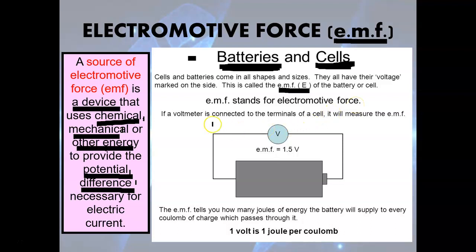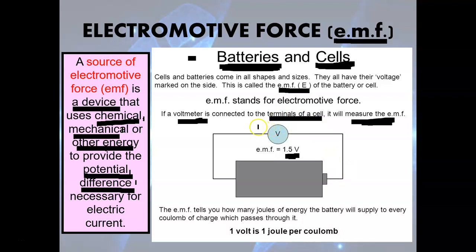Now let's say I connect a voltmeter to the terminals of a cell. The number shown on the voltmeter is a measurement of the EMF. So let's say I have a battery with a value of 1.5 volts, connected to the voltmeter.